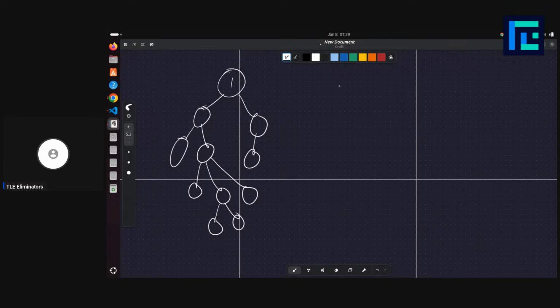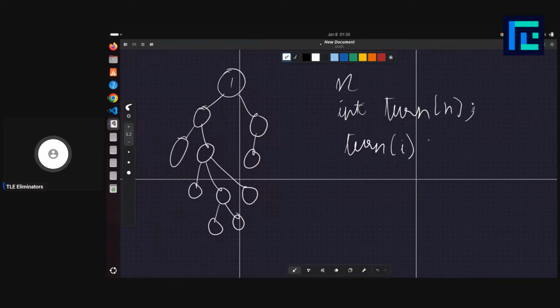If I have n nodes, I will keep an array of size n, int turn of n, and basically turn of i would describe in which move I color the ith node. Let's say if turn of i is 0, that means in the first move I am coloring i. If it is 1, then in the second move I am coloring i.